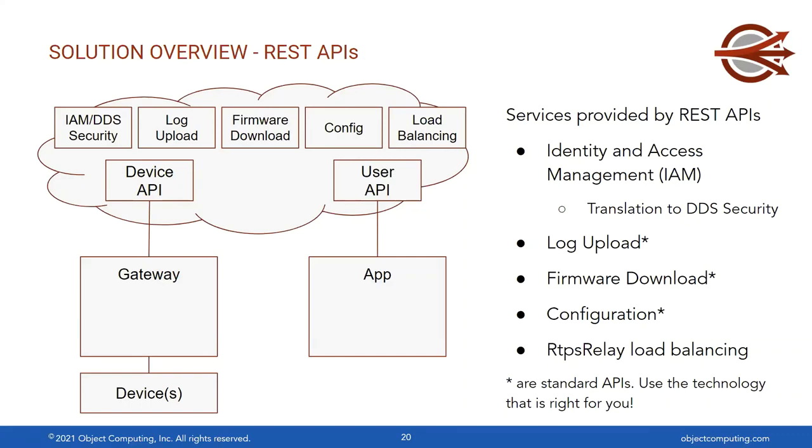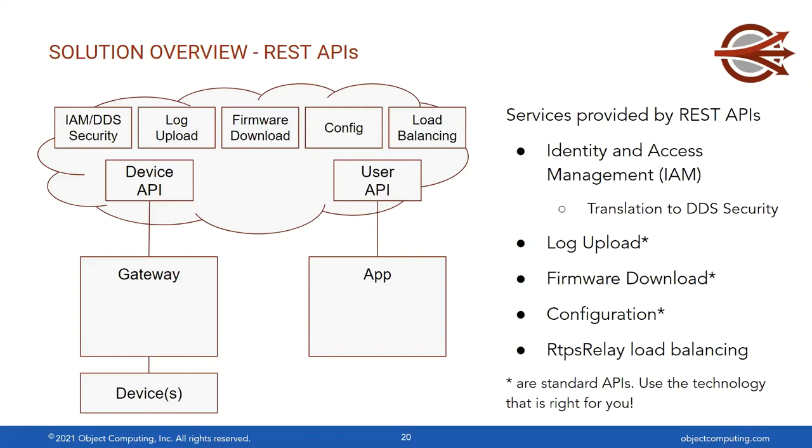And they may even have an API that is integrated with the RTPS relay for the purposes of load balancing. So most of the APIs that I'm talking about here, if not all of them, are well suited for REST API. That's a well-established technology, and there are a lot of ways you can build a very solid REST API.